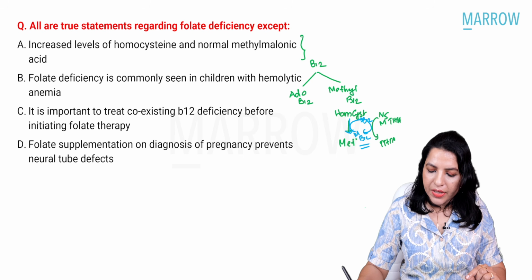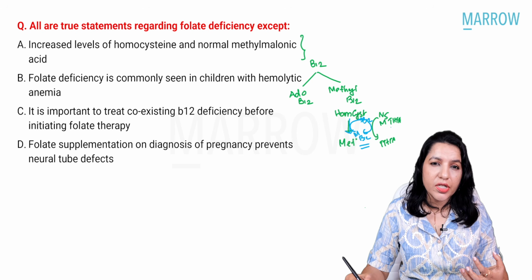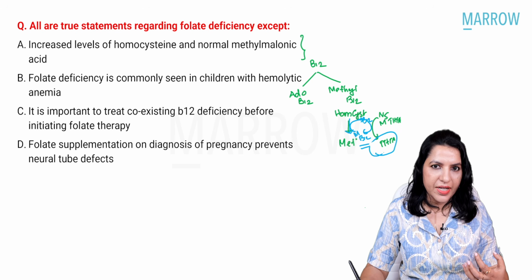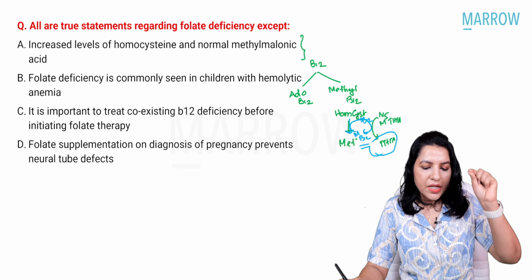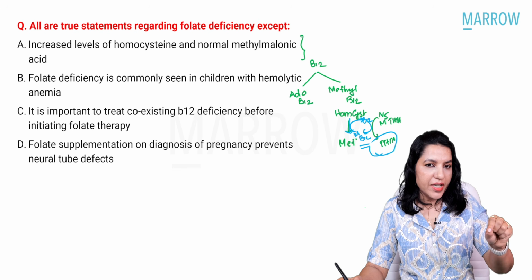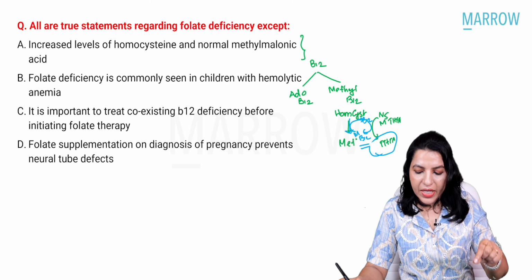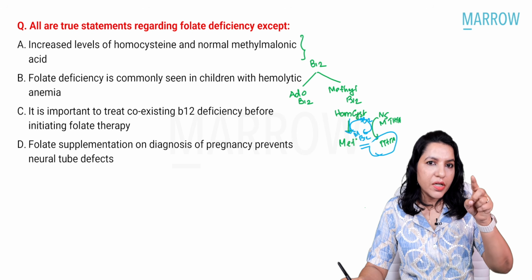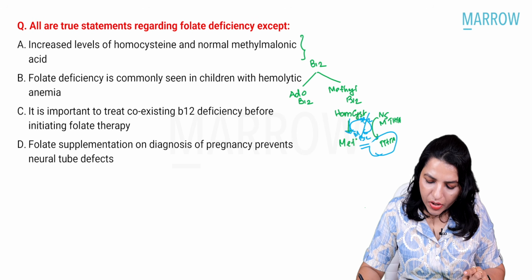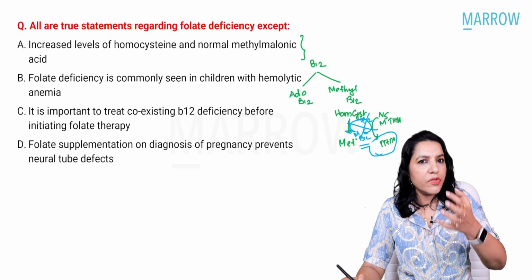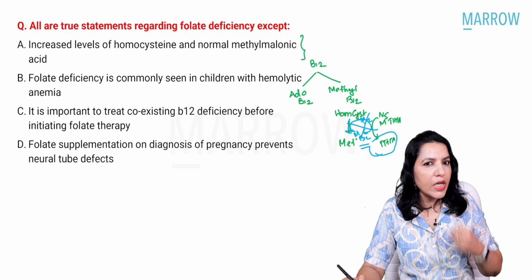There is a functional deficiency of free tetrahydrofolic acid. So there is a deficiency of folic acid, and this reaction will not take place. This conversion of homocysteine to methionine will not take place.